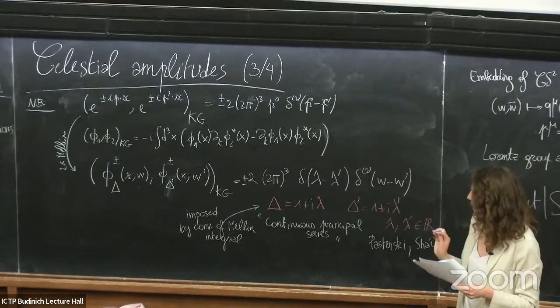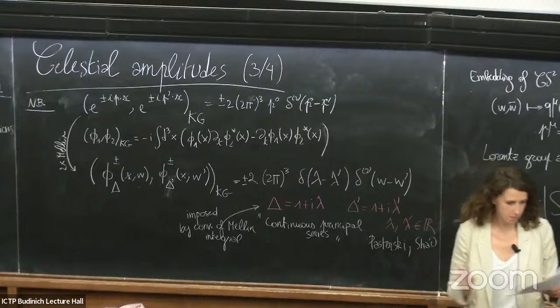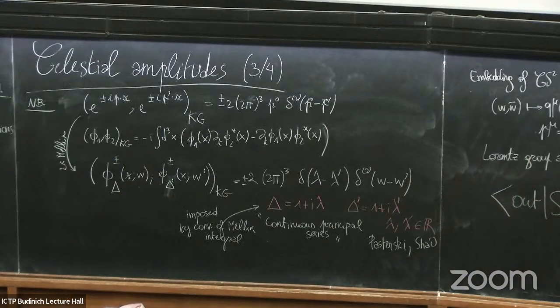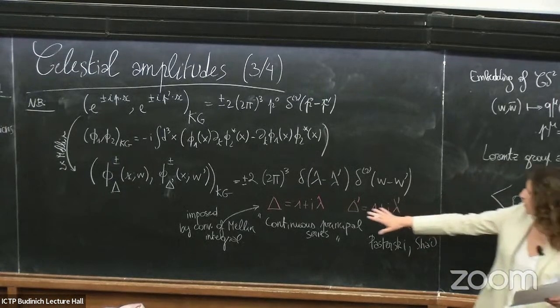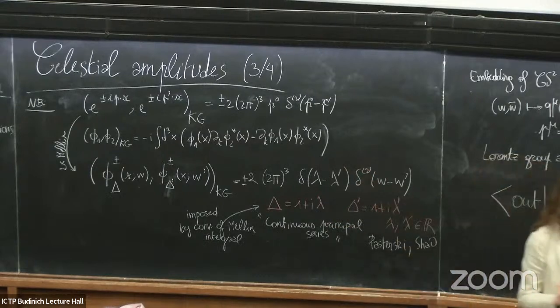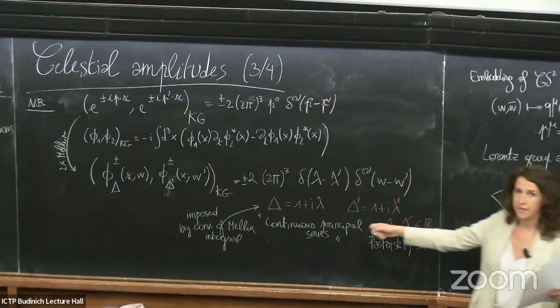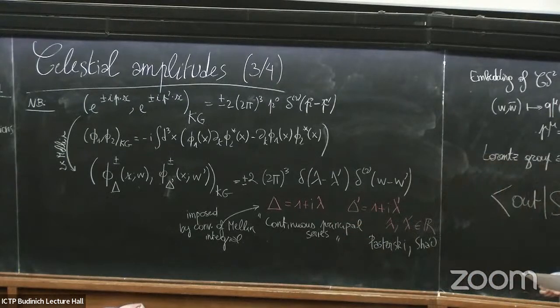But I think this is worth mentioning, because actually these modes, these celestial primary wave functions, which have these values of delta, correspond actually to normalizable states which have a usual radiative falloff when they go to the boundary of space-time.